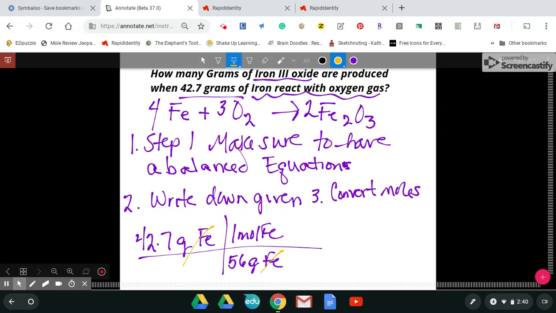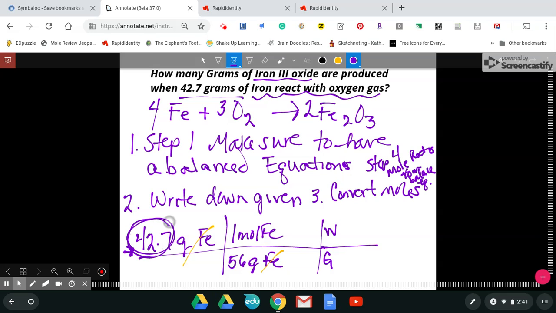So then the next step, step 4, is do your mole ratio from the balanced equation. The way you're going to do this, you always put what you're looking for, your want, up top, and your given down bottom. Here's the problem that most people run into. They want to put this as my given amount. You only use this one time.